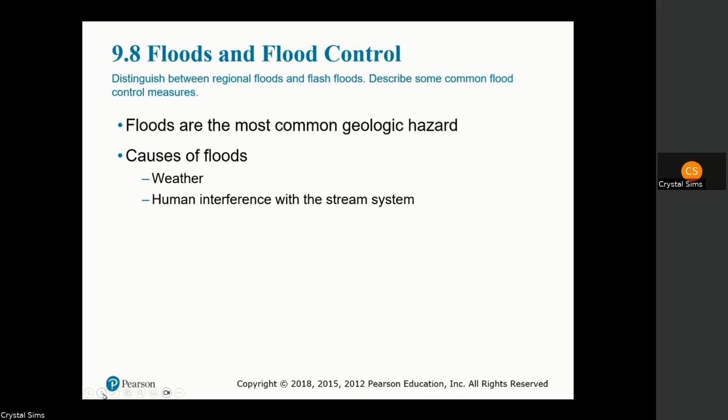Flash floods occur with little warning, potentially deadly, because the water rises so rapidly. This is due to rainfall intensity and duration, the surface conditions, and the topography. We are seeing this play out right now in western North Carolina and eastern Tennessee due to Hurricane Helene. In some of the areas in Appalachia, they saw 20 to 30 inches of rain in a very short period of time in areas that were already saturated.